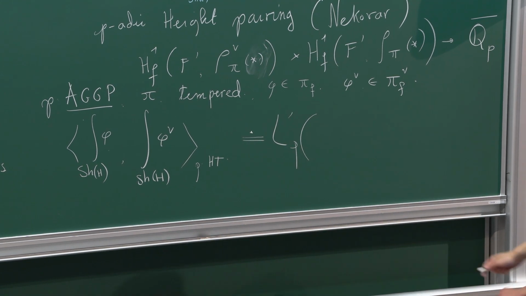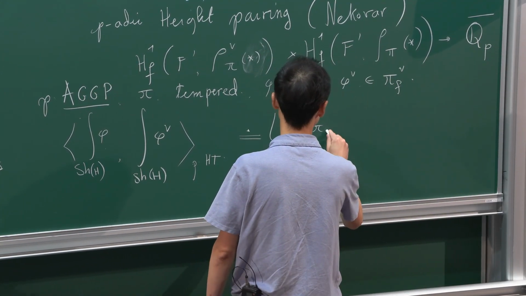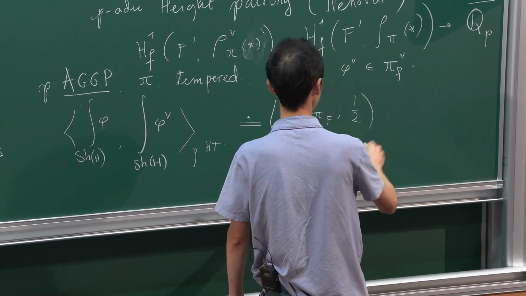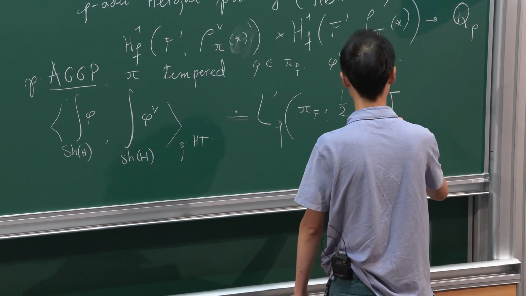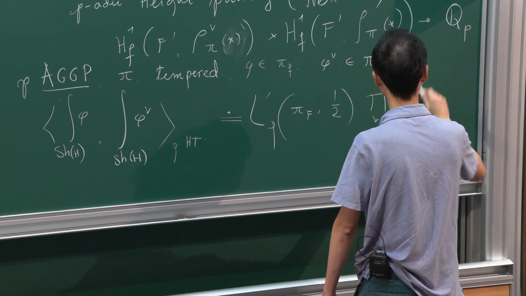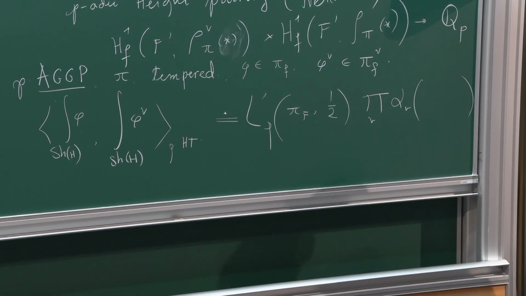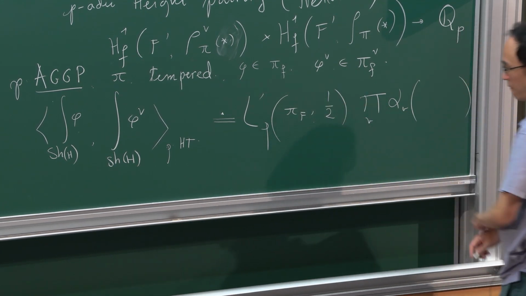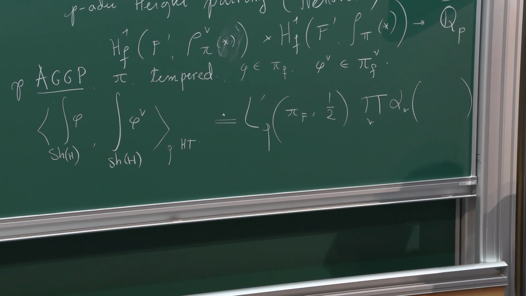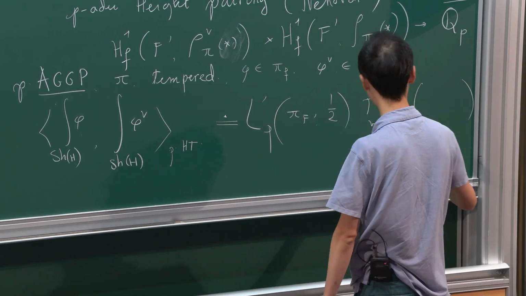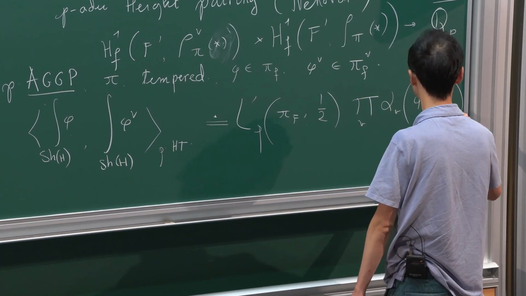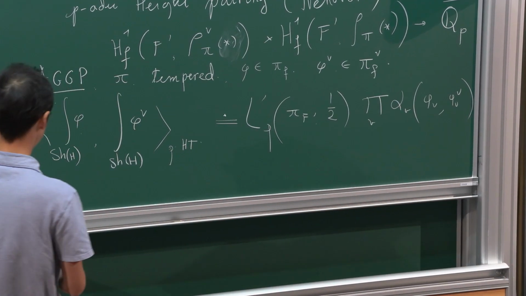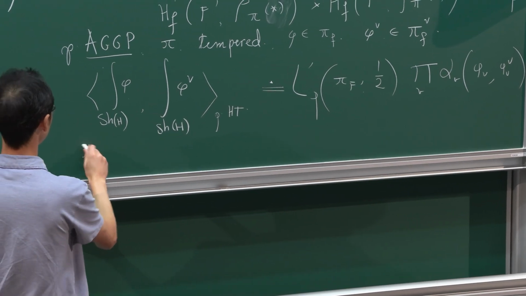So there's a p-adic L function, at least when all the local representations above p are so-called ordinary. So let me assume an ordinarity condition, at least say pi_v.